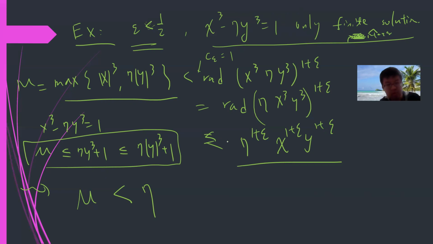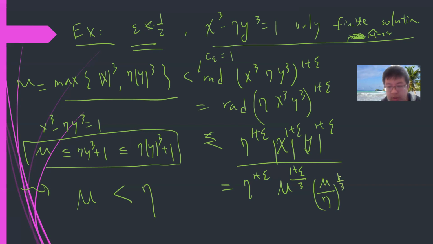Okay, so maybe a little bit hard to understand, but what I'm saying is that, let's take absolute value, I can make this guy 7 to the 1 plus epsilon and then change with x, right? So this is maybe m to the 1 plus epsilon divided by 3, and then y is m divided by 7, to the 1/3, 1 plus epsilon, right? So I get this and this. Okay, so I need to delete 1 7.